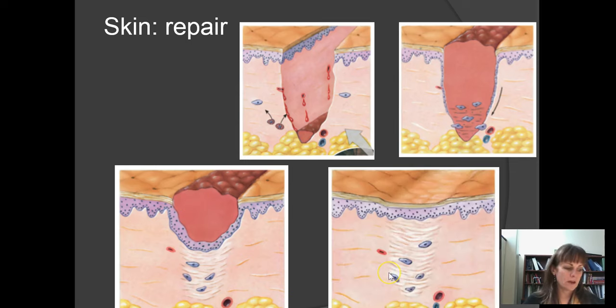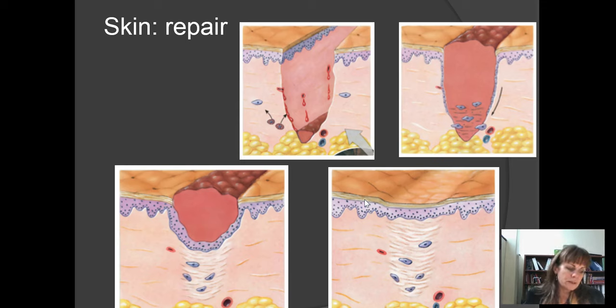And then finally we have what is called the scarring phase. Now here you notice that the scab is completely gone. The fibroblasts have restored most of the matrix here, so they've restored most of the fibers. But one thing you may notice is that it looks a little different right here, and often when we see a scar, it looks different than the rest of our skin.